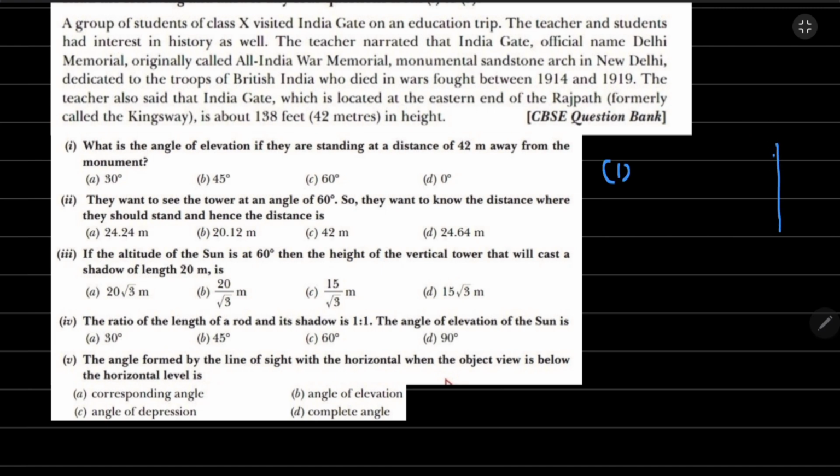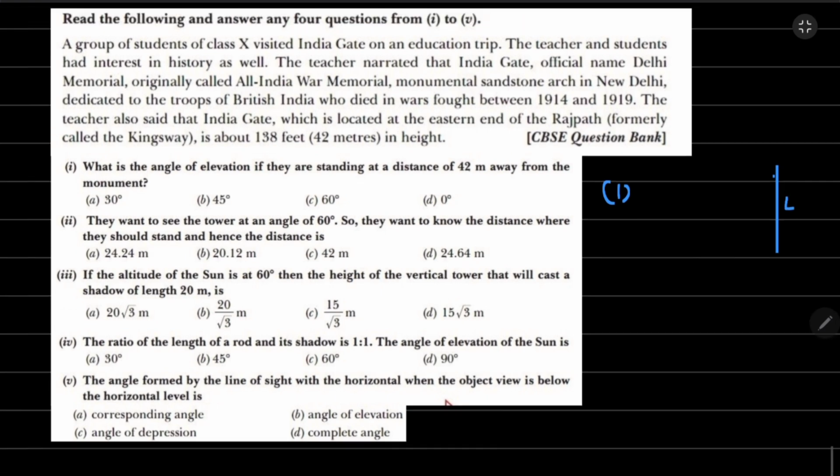Suppose this is your India Gate, of height 42 meters, and the students are standing at a distance of 42 meters from the India Gate. What is the angle of elevation? Which means you are asked to find the angle of elevation, right?